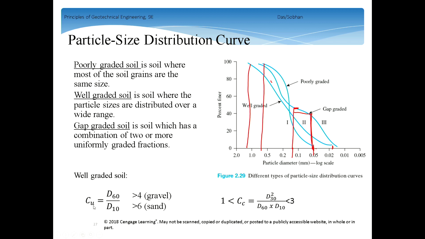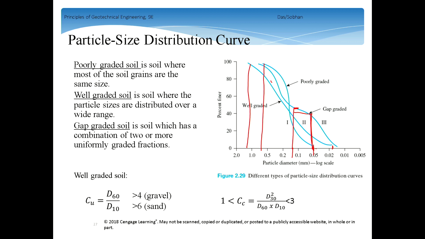For sand, if CU is higher than 6, we say it is well-graded. And it depends not only on CU but also CC. If CC is between 1 and 3, we say this kind of soil is well-graded. As long as CU and CC meet these requirements, then it is a well-graded soil.